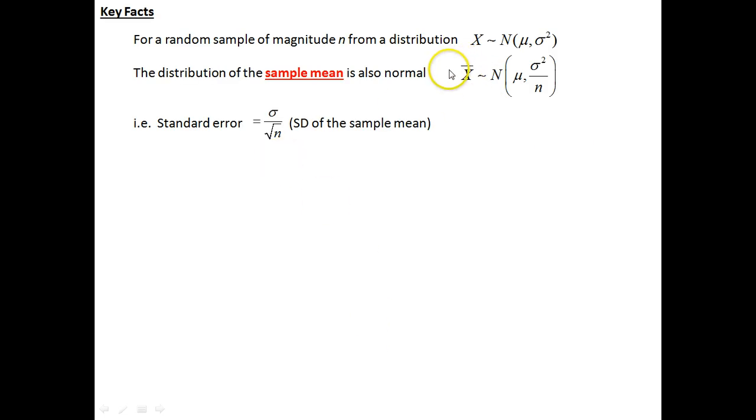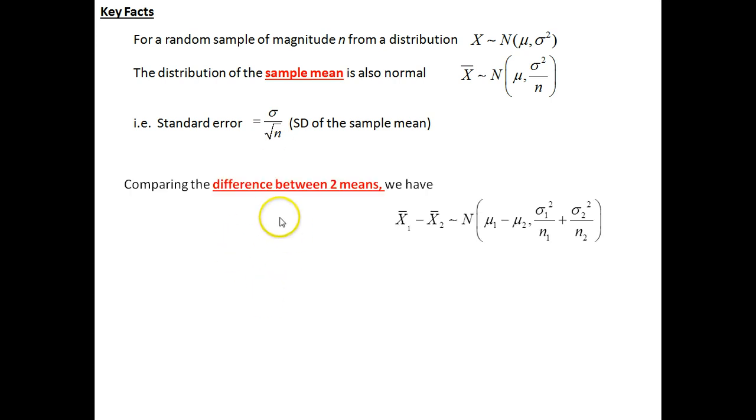For a sampling of a mean from a normal distribution, the mean is also normally distributed with mean mu but variance sigma squared over n for a sample. So the standard error is the standard deviation of the sample mean, so we take the square root of the variance.